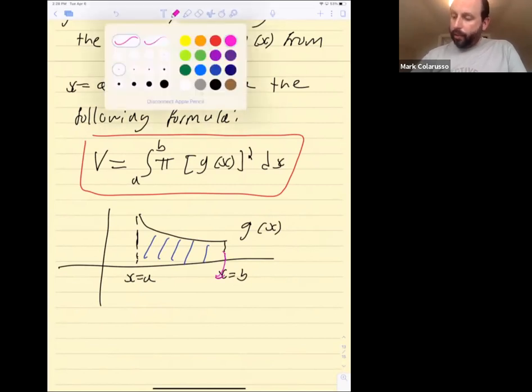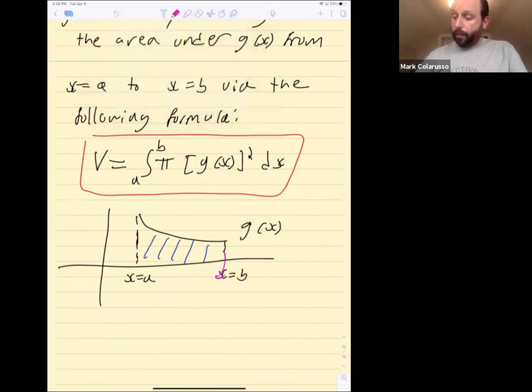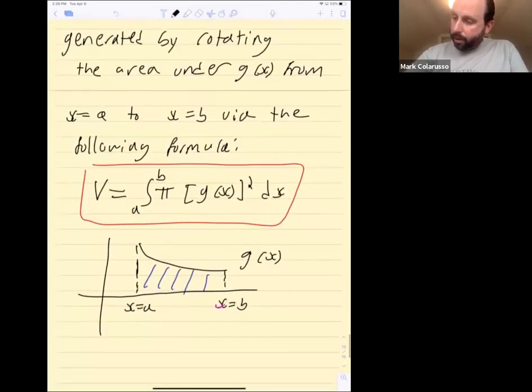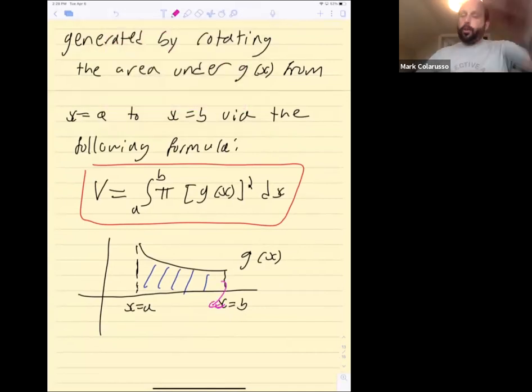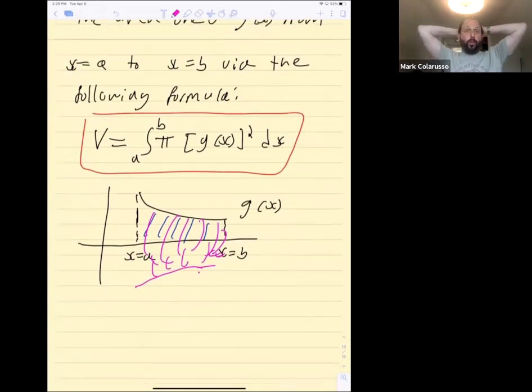You'll get some kind of a funnel-like thing. It'd be hard for me to draw, but you can imagine rotating this region, you would get something that looks like a funnel with hyperbolic edges. And so this formula gives you the volume of that funnel.